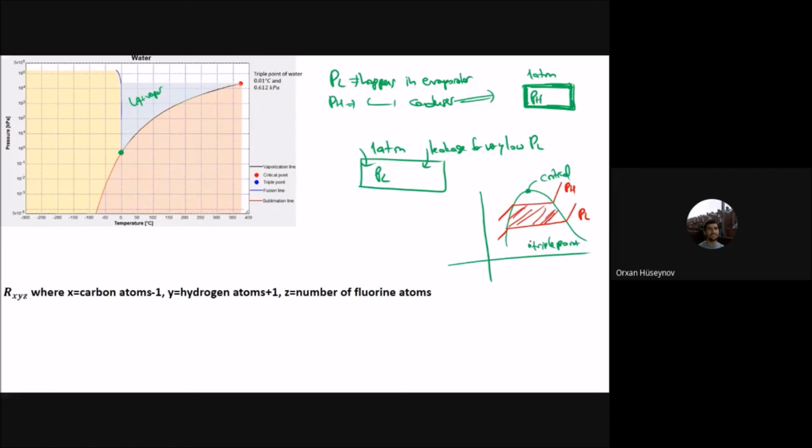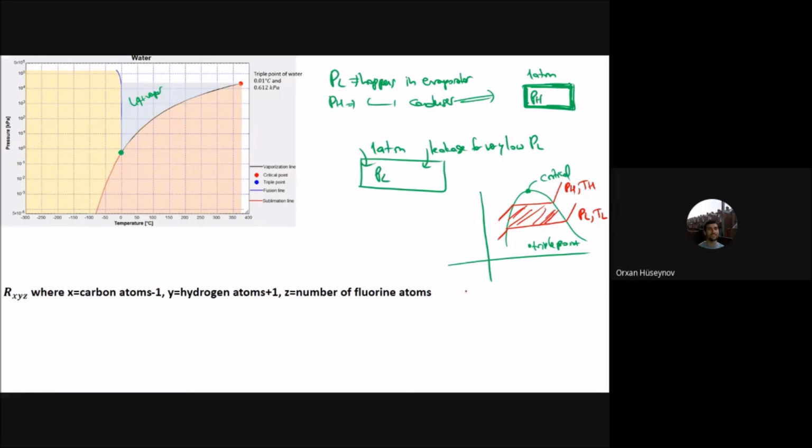For example, if the triple point is very high, it means that you have PL as well as TL here, and P high, you have T high here. If the triple point is very high, then you cannot work in this range, and it means that TL should be very high.